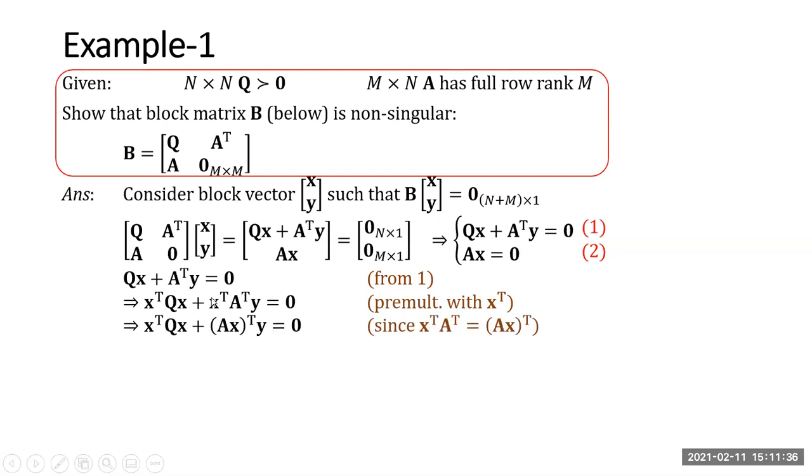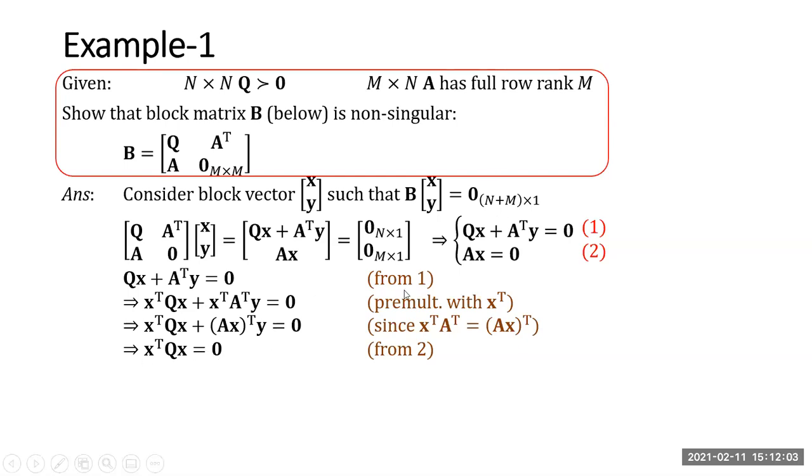Now I club this together: X transpose Qx plus (Ax) whole transpose y equals 0. From this, since Ax equals 0, Ax transpose must also be equal to 0, right?